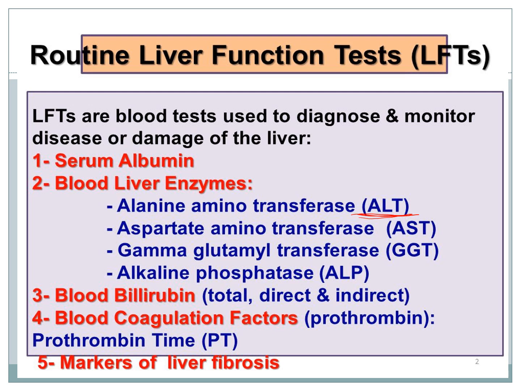Now your ASTs are very similar to your ALTs, however they're less specific. Okay, because they can also be elevated with your heart and your muscles, but then you also have things like lung problems, bone problems, kidney injury, even associated with vitamin A and red blood cell problems as well can cause an elevation in AST. So both to do with liver injury, okay, but ALT is the most sensitive one and AST often complements it.